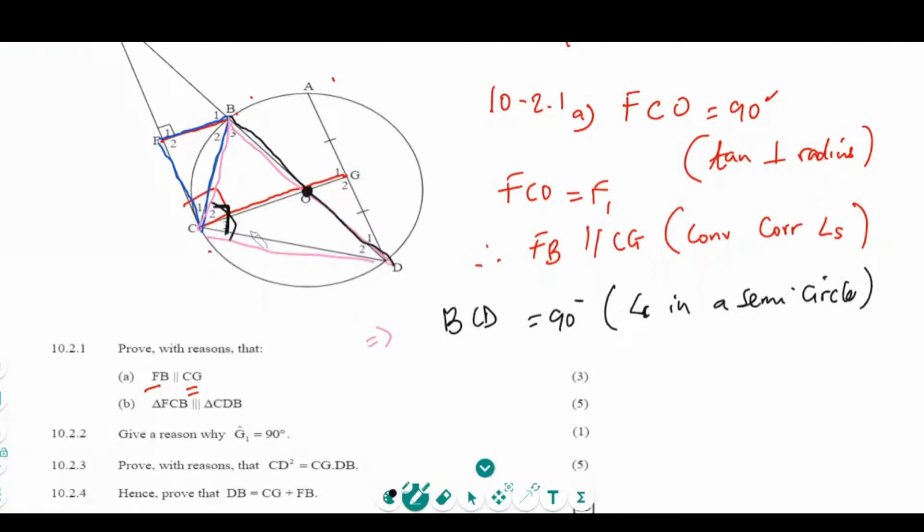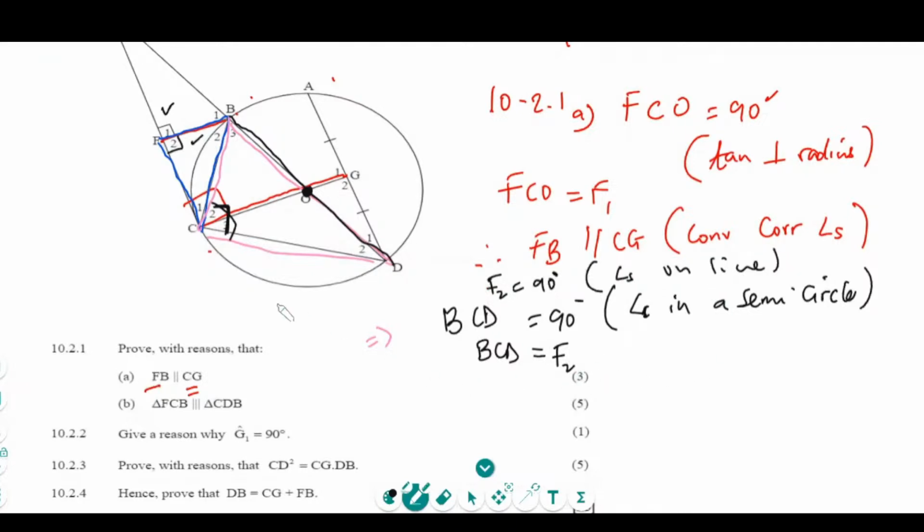So this 90, BCD, is the same as this 90, the F2. Someone can also say F2 is a 90 because of angles on a line. Because if this was a 90, even this must be a 90 to give us 180 degrees. Angles on a line, or some people call it supplementary angles.